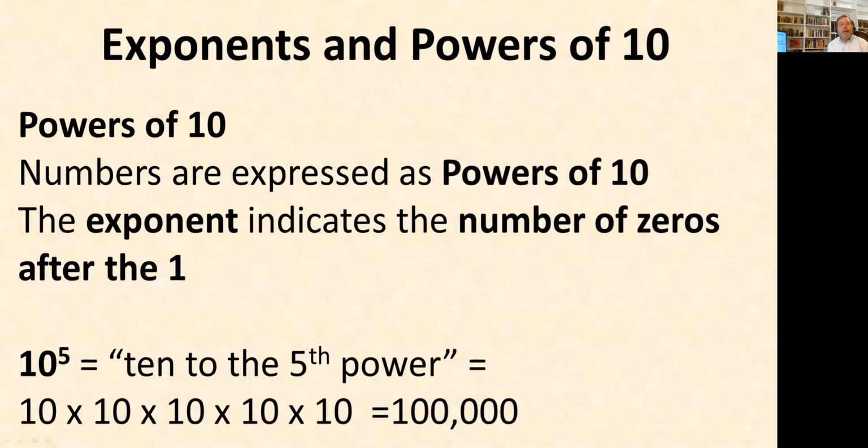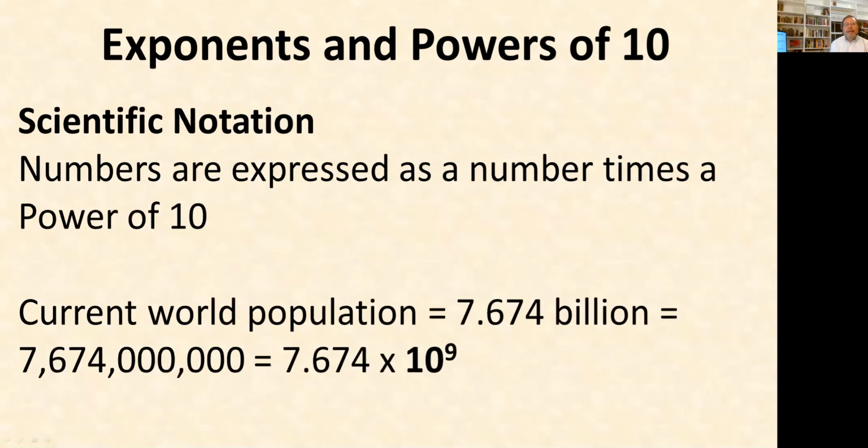Normally, we express things using powers of 10, and a power of 10 tells you how many zeros there are after the 1. In other words, 10 to the 5th power is a 1 with 5 zeros after it. Scientists and mathematicians use scientific notation.